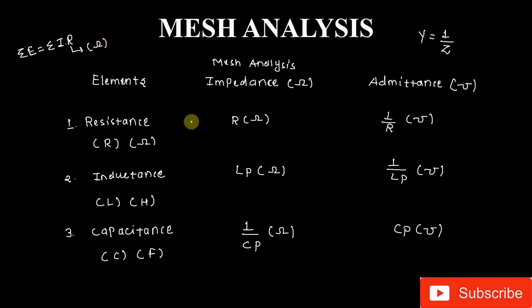So the ohmic value of resistance is R, of inductance is LP, and of capacitance is 1 upon Cp. Here I have discussed some basic concepts of mesh analysis, why we have to understand mesh analysis, and what the purpose of understanding mesh analysis is.